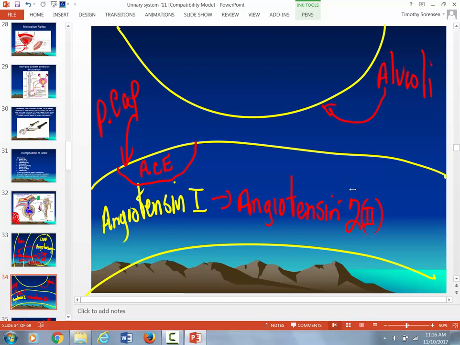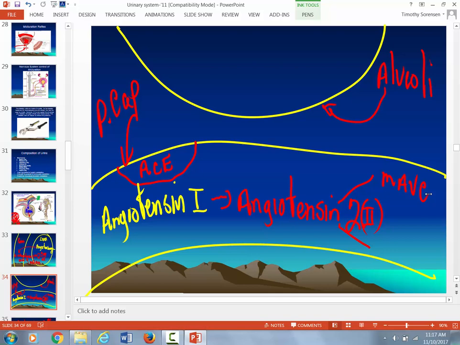Angiotensin 2 does two things. One, it is a massive arterial vasoconstrictor. So it will take those arteries throughout your body and really contract and make those diameters smaller.